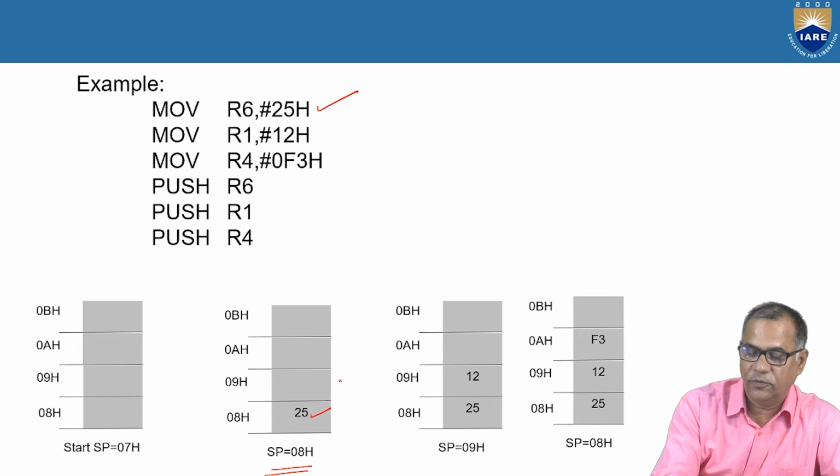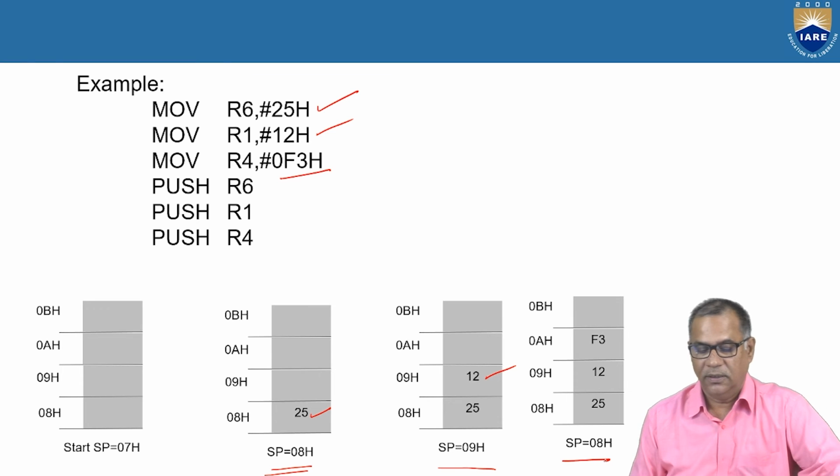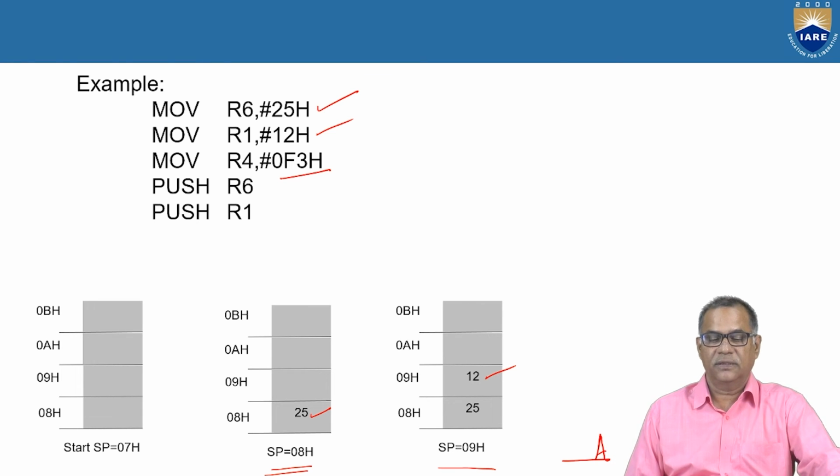Now when I am doing push R1, then the stack pointer is becoming 09, and R1 data, which is 12, is moved to the stack. Similarly, when I am pushing R4, what is the R4 value? R4 contains F3H. So F3H is moved to the stack and SP becomes 0AH.